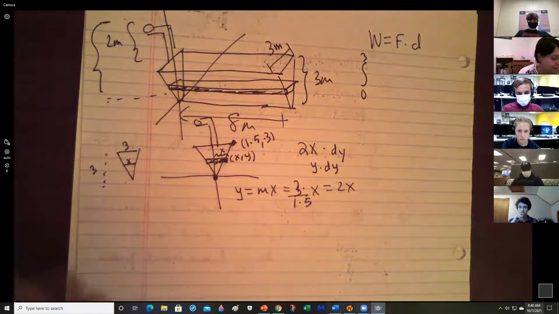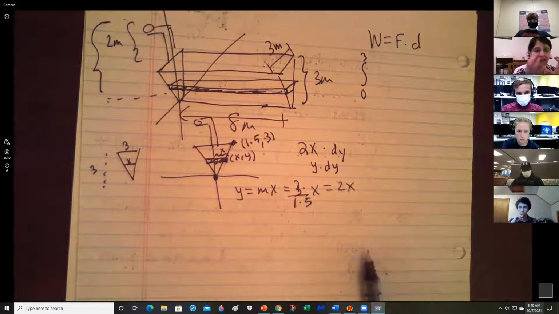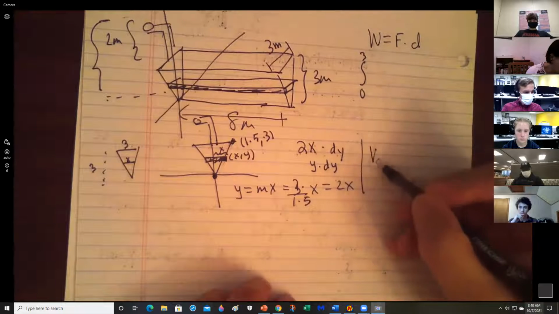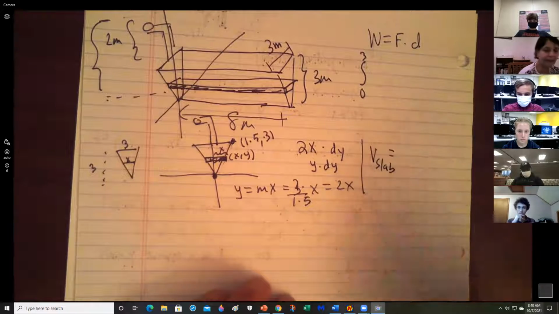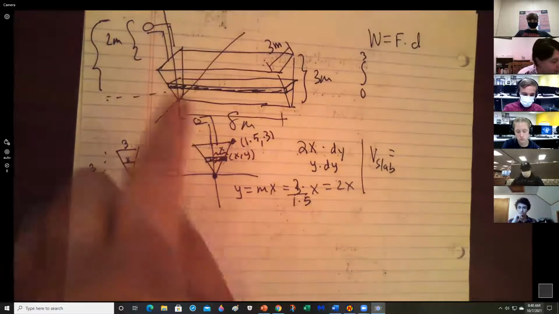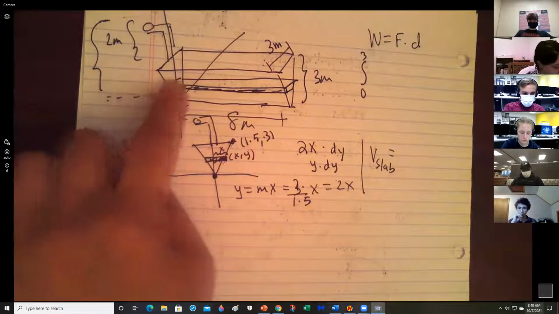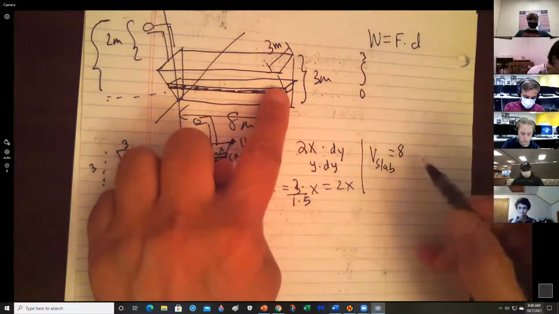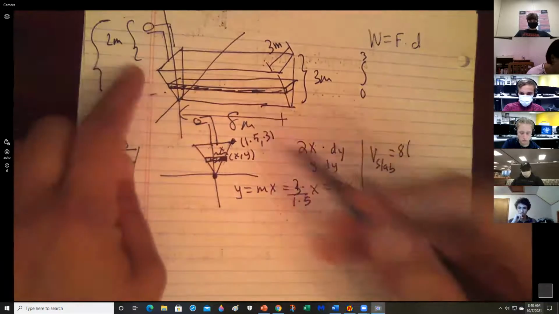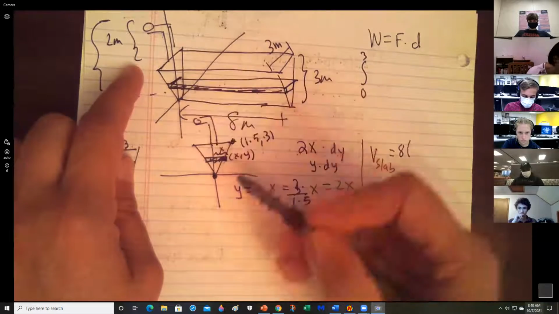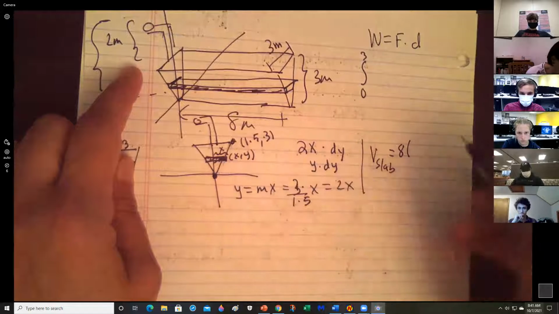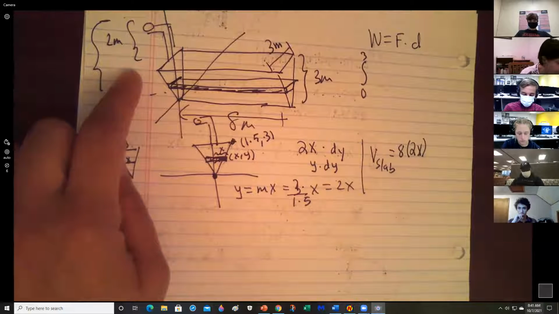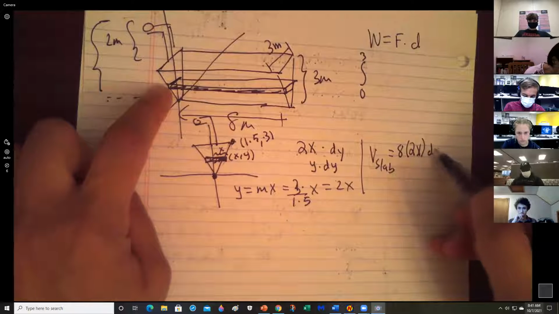Now, tell me, what is the force? Force is the volume of the slab. So let's get volume of the slab. What is it going to be? Volume of the slab is the length, which is the 8, times this width here, which is 2x. And the height is going to be dy.